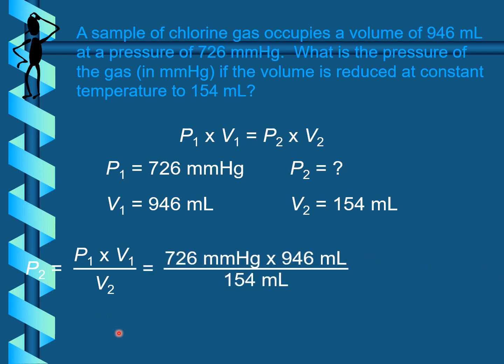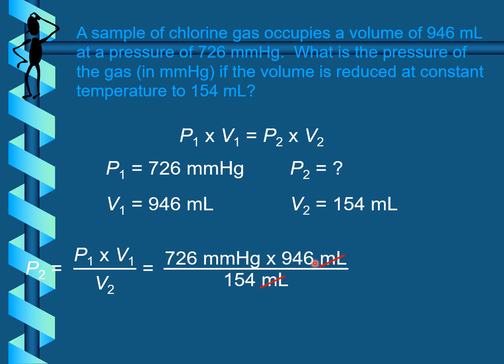So putting the given values to the different symbols, it would give us 726 millimeters mercury times 946 ml divided by 154 ml. The unit of the volume will cancel out, leaving us millimeters mercury, which is the unit of pressure.